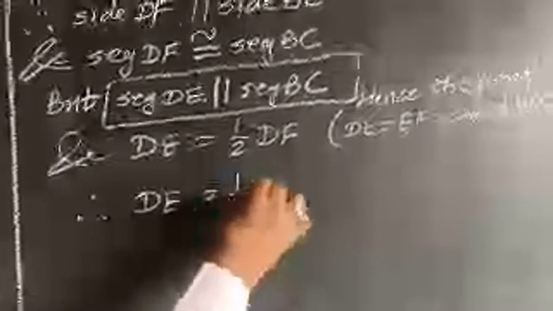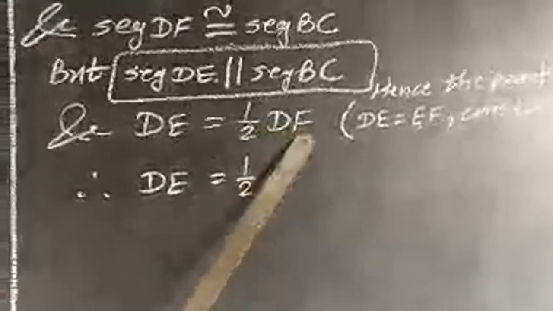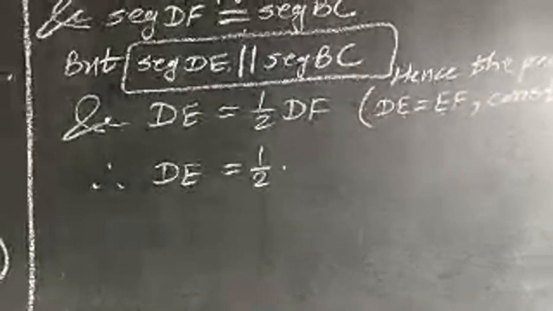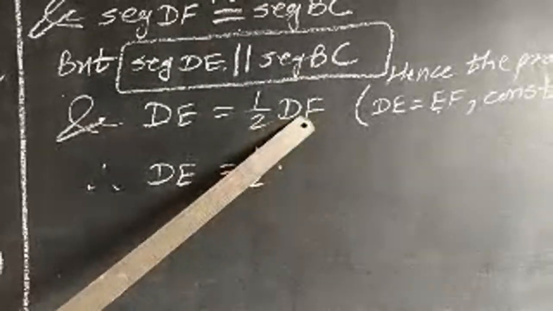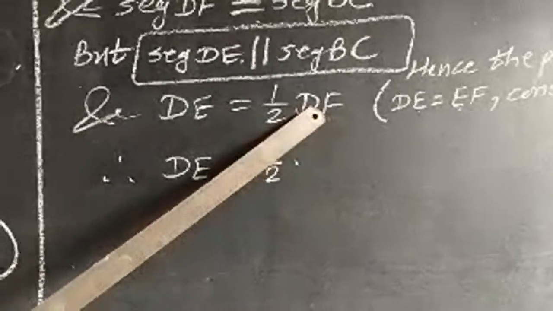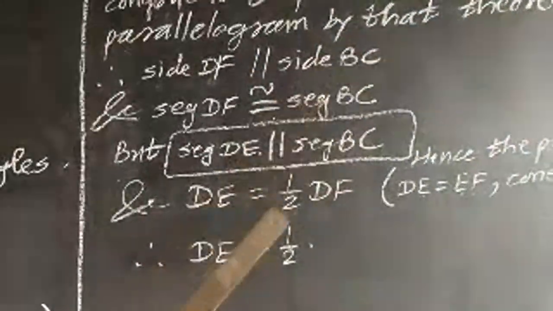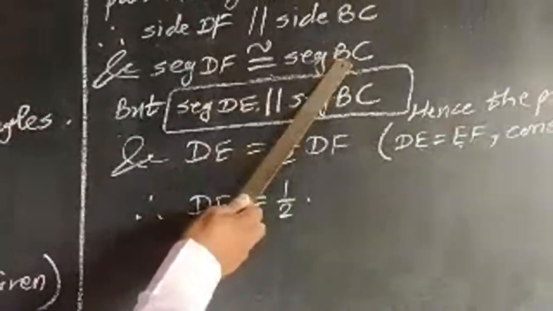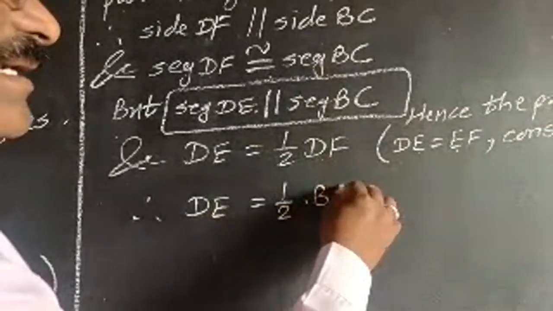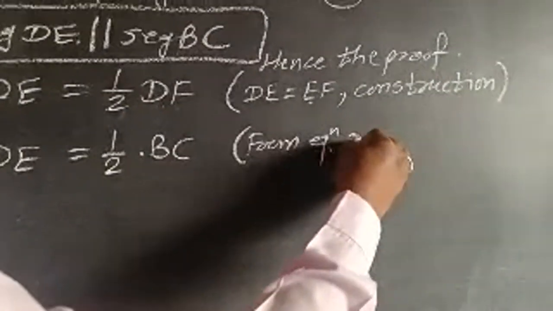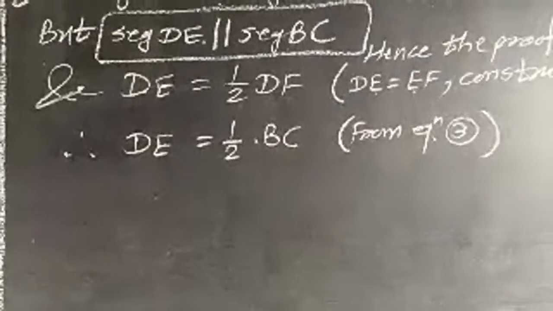DE is equal to 1 upon 2 DF, and DF is congruent with BC, so in place of DF we can write BC, because from equation 3 we can write this conclusion, and that is the other part of the proof. DE is equal to half BC.